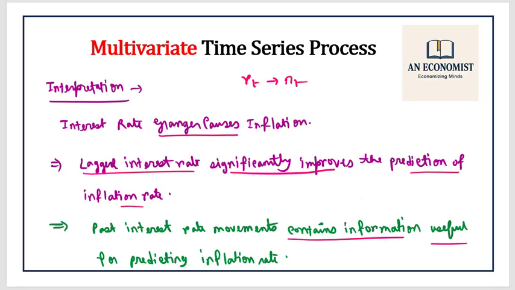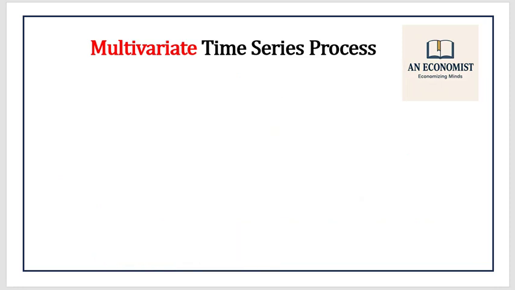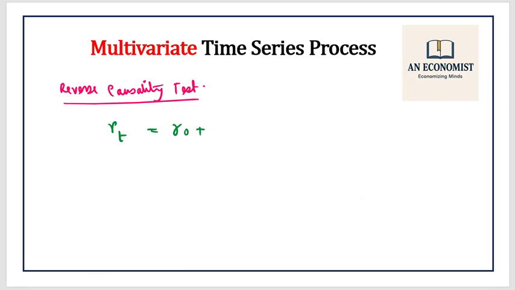Now, if you want to test whether pi t also Granger causes RT or not, you can do that using the reverse causality test. Exactly the same way, just giving you for your reference, if you want to know whether bidirectional causality exists or not. In that case, the independent and dependent variables will change. Now RT will become the dependent variable and pi t will become the independent variable.